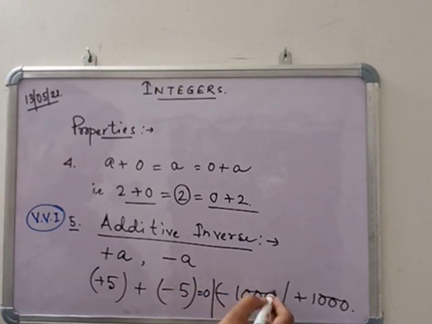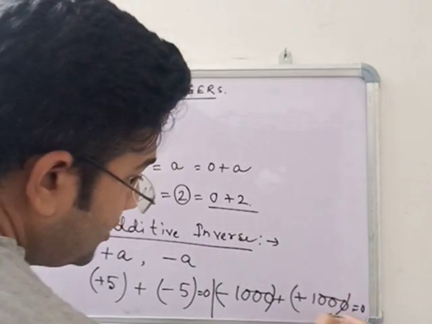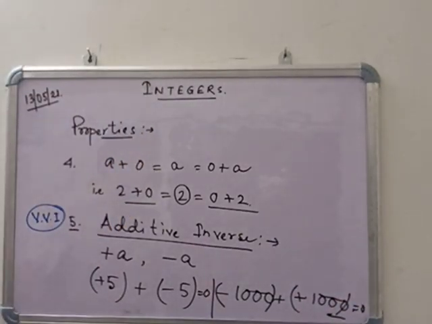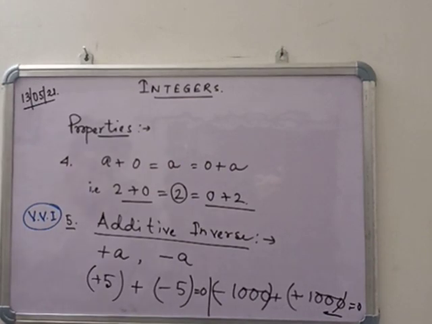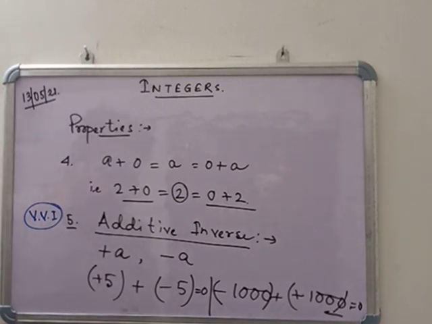Similarly, if we add these two numbers, we get 0. So that means every integer has its additive inverse. This sentence is very important. Every integer has its additive inverse.